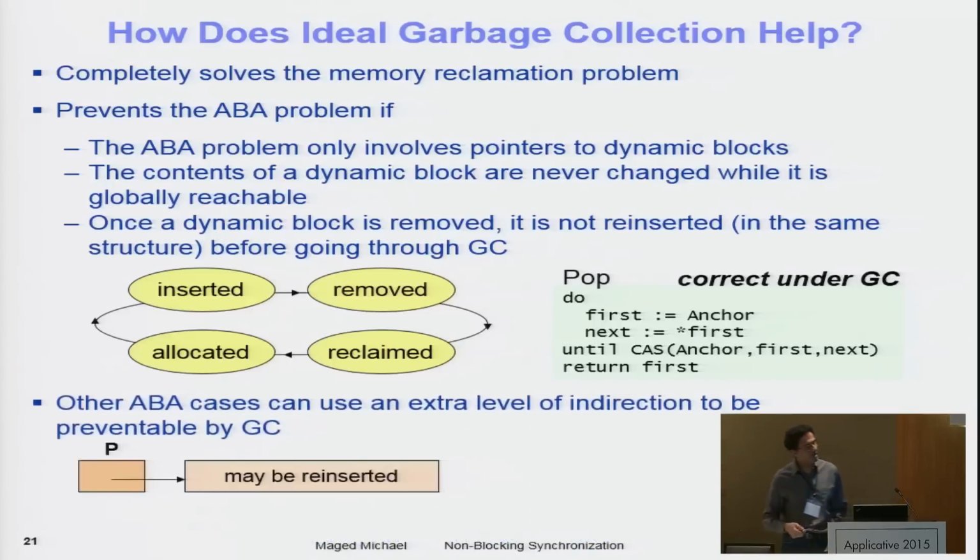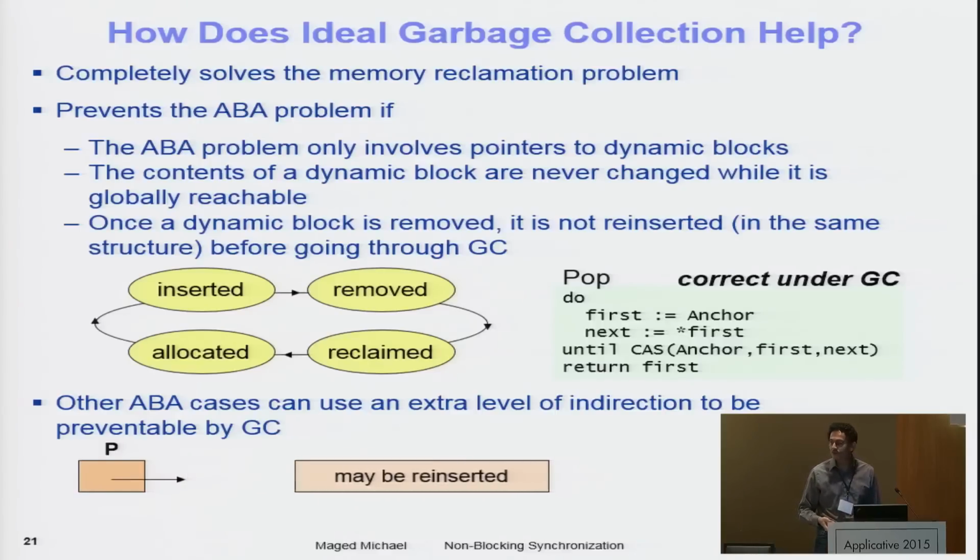Now, what do we do if we cannot keep dynamic blocks from being reinserted? So now we have a dynamic block that we actually want to be able to move from one structure to another and back. A level of indirection would solve this problem.